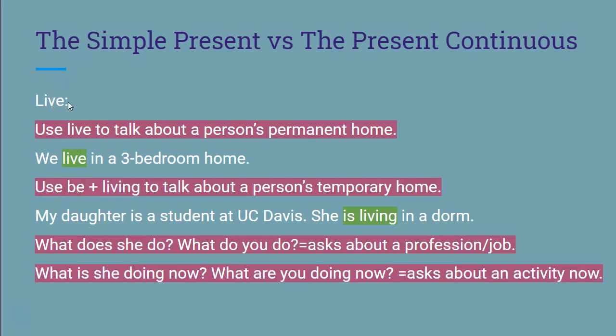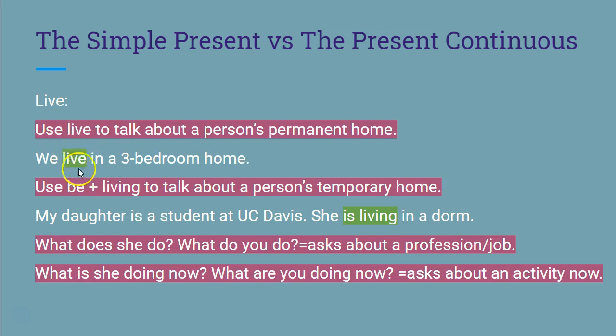These are some of the differences with the verb live. So sometimes we can use a verb with both simple present and present continuous, but it kind of changes the meaning of the verb. So we typically use live in simple present to talk about a person's permanent home. For example, we live in a 3-bedroom home.